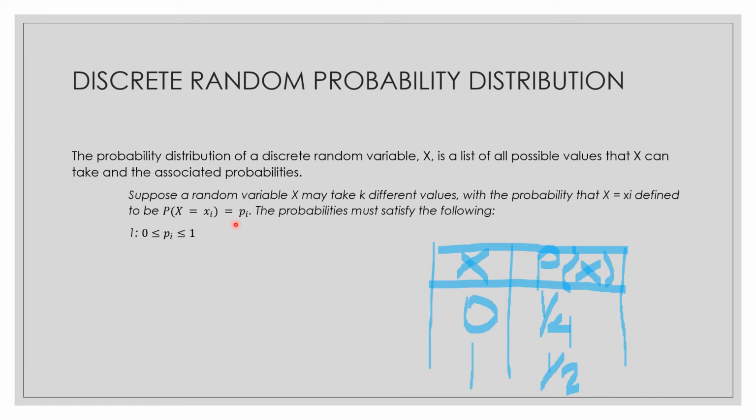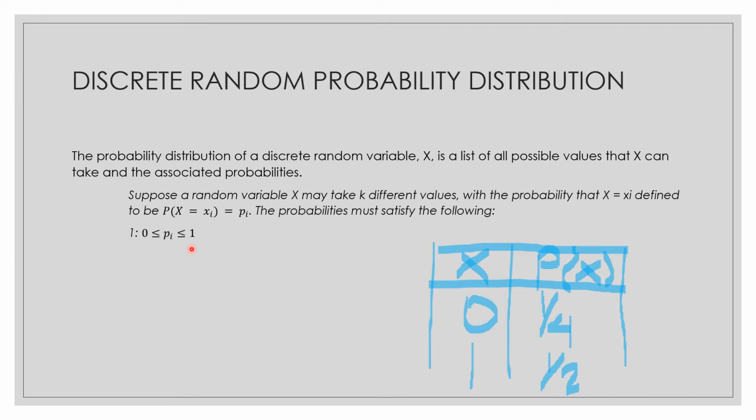Number 1, p sub i is less than or equal to 1 but greater than or equal to 0. This simply means that the probability of an event occurring is only between 0 and 1. So you do not say that the probability is equal to 5. There's no such thing as that, okay?